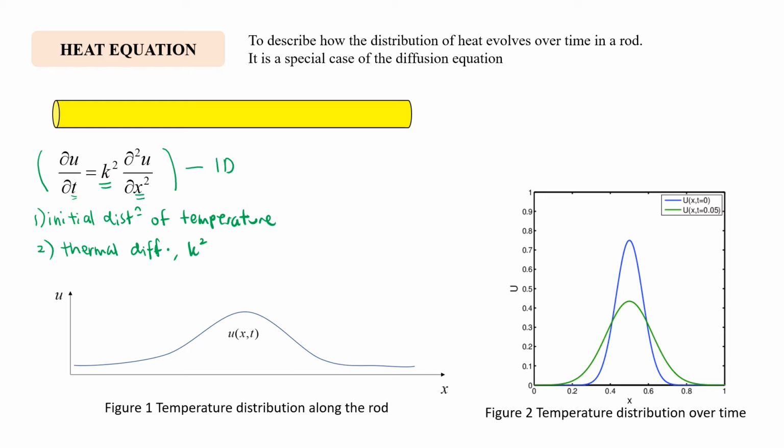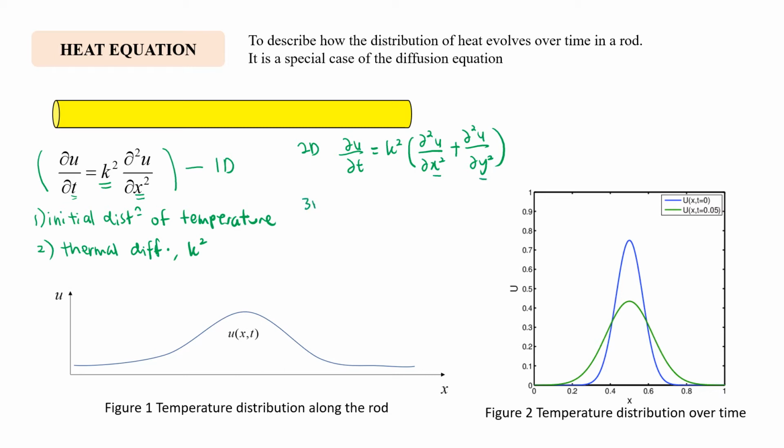If you want to solve the 2D heat equation, it can be written as ∂u/∂t equals k squared times ∂²u/∂x² plus ∂²u/∂y². It means that it involves two spatial dimensions, which are x and y.